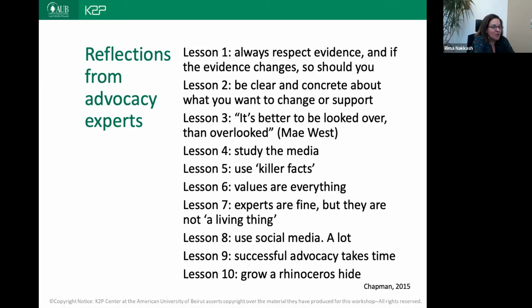Always stay in line with public health values, the values of a public health professional. Experts are important, but their positions are determined by the evidence available at a certain point in time.